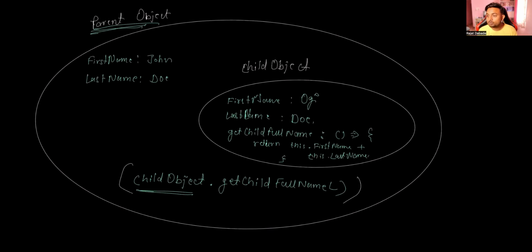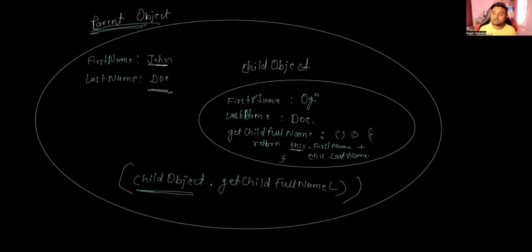It will refer to the parent one, and the output will obviously be John Doe, not Ogido. But if I change this from an arrow function to a regular function using the function keyword, it will refer to the object it is being called on.